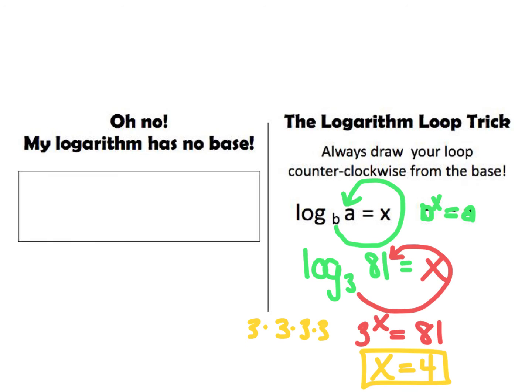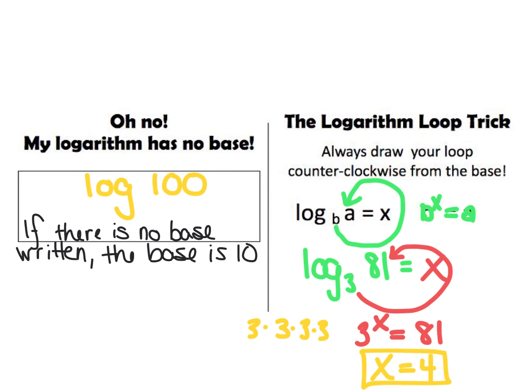So what do we do if our log has no base? You will see expressions like log 100. Well, if there is no base written, the base is 10. So this log of 100 is really saying log base 10 of 100. So to demonstrate here, log of 100 is equal to 2 because 10 to the second power is 100.